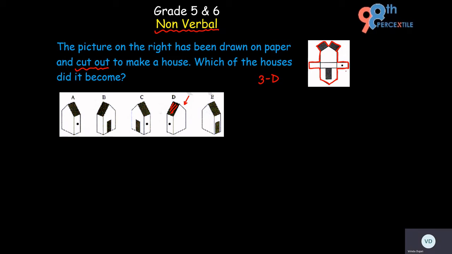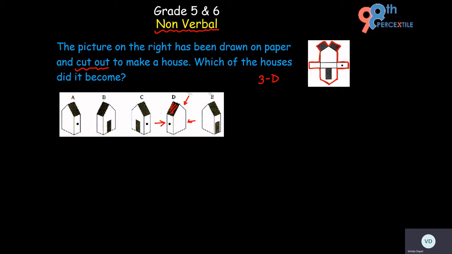Now we only have to figure out that when we fold these edges, we are getting 2 sides. On one side there is no door, and on the opposite side there is this particular side which has a door. Now we need to figure out where will this dot go, here or here.